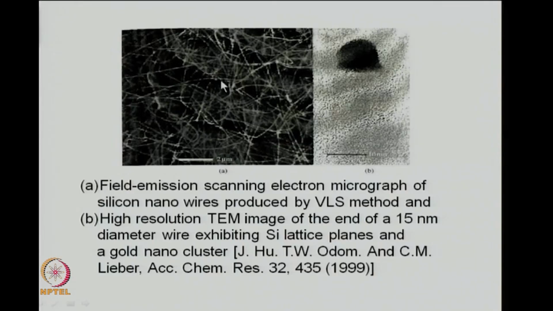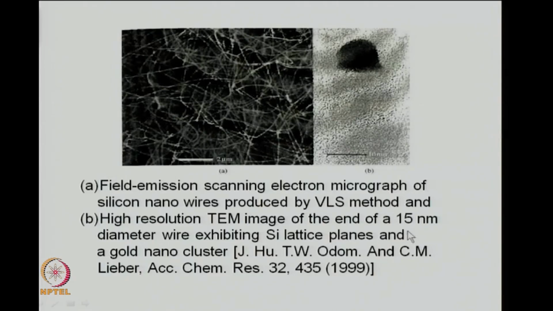You can see these silicon nanowires. This is a scanning electron micrograph where the scale, as you see, is 2 micron. That means this distance is 2 micron. So these wires are very long, they may be 5 microns, 10 micron long or even longer, and the diameter is very small, of the order of 10 to 15 nanometers.